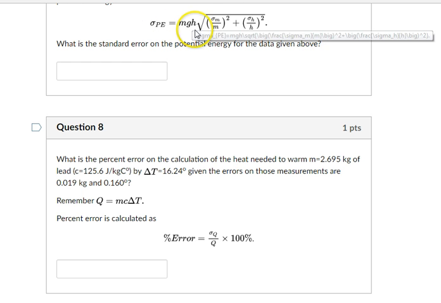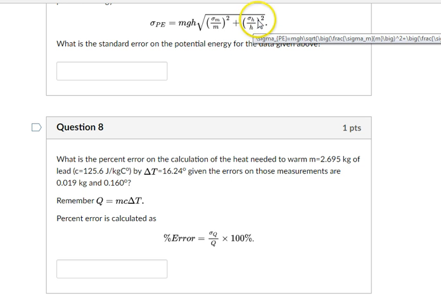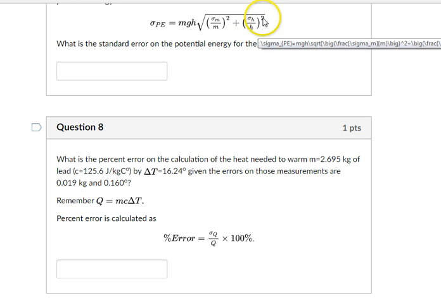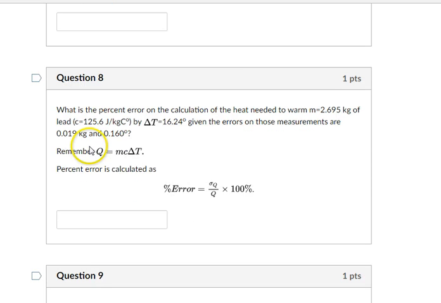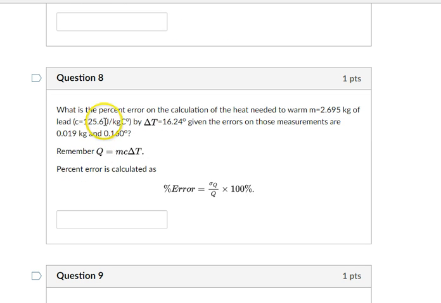It'll be m c delta t times the square root of (sigma m over m) squared plus (sigma t over delta t) squared. We're going to calculate sigma q, the error on the heat measurement, and convert that to a percent by saying the percent error is sigma q over q times 100%. Pretty straightforward.